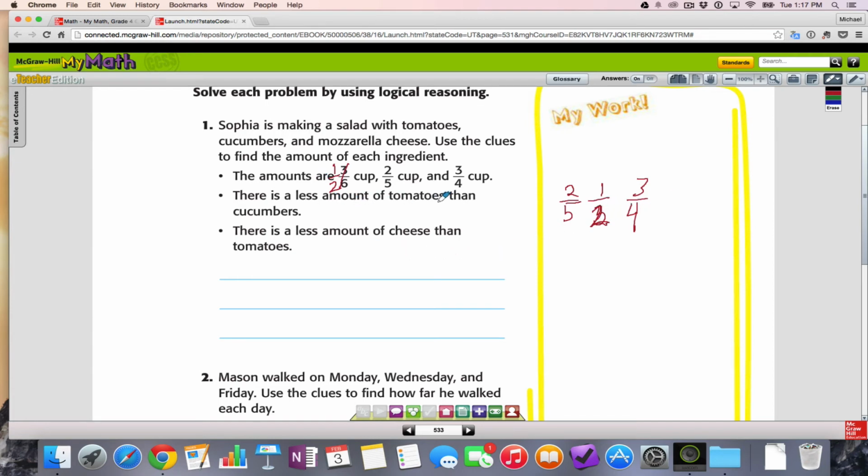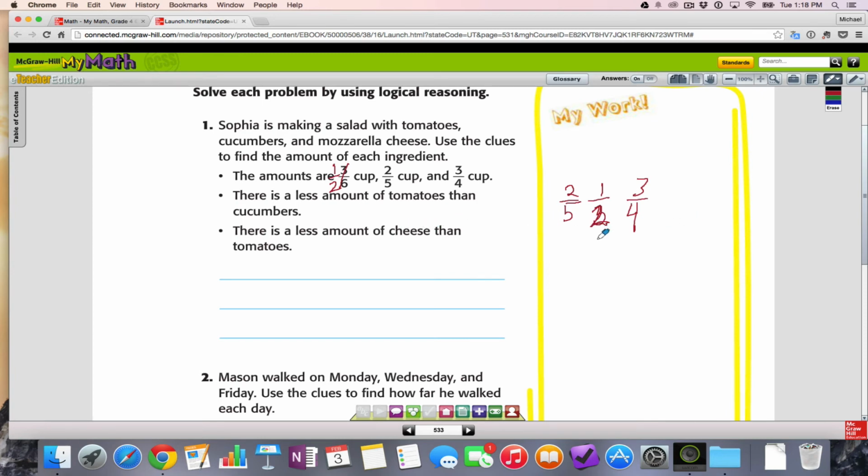There is less amount of tomatoes than cucumbers. There is a less amount of cheese than tomatoes. Okay, so with this, it says there's less tomatoes than cucumbers and less cheese than tomatoes.